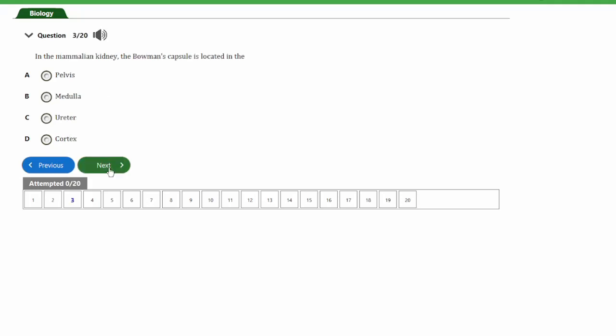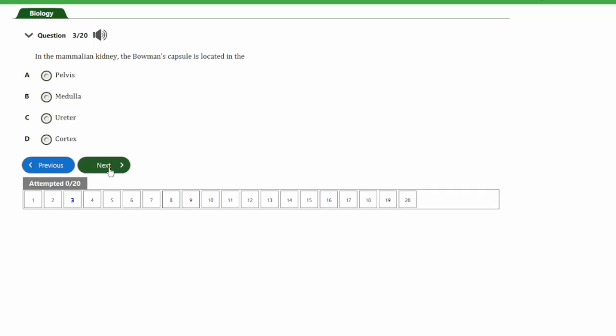So let's look at the next question, guys, and that's question number 3. The question says, in the mammalian kidney, the Bowman's capsule is located in the A. Pelvis, B. Medulla, C. Ureter, D. Cortex. So guys, the answer to this question is option D, and that's the cortex. Actually, the kidney has 2 areas, and that's the medulla and the cortex.